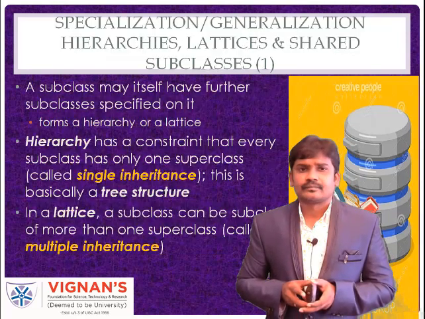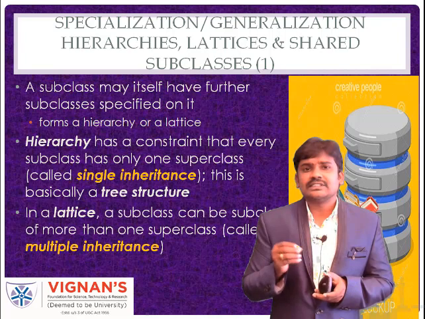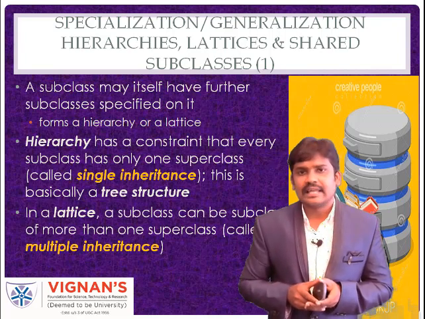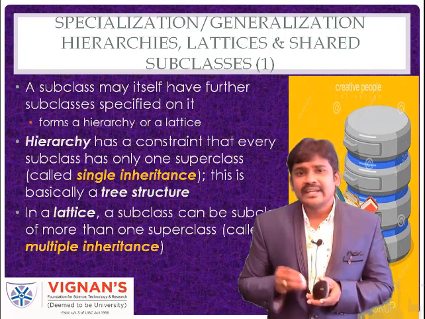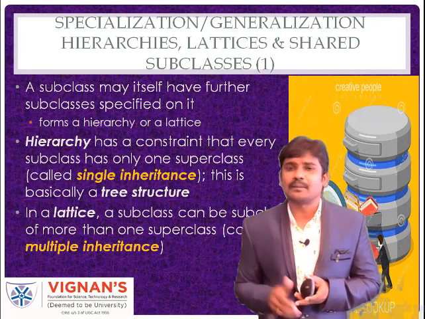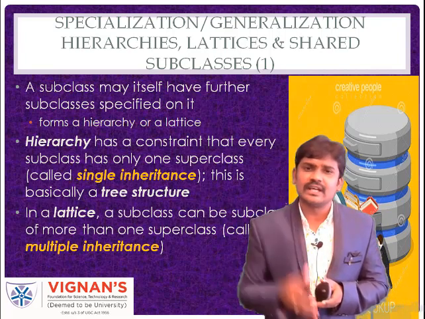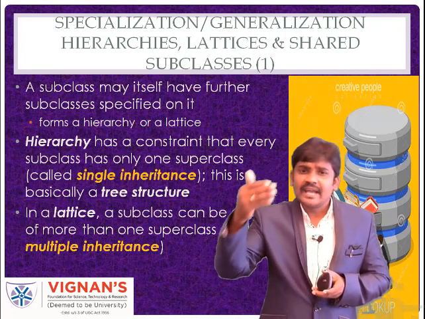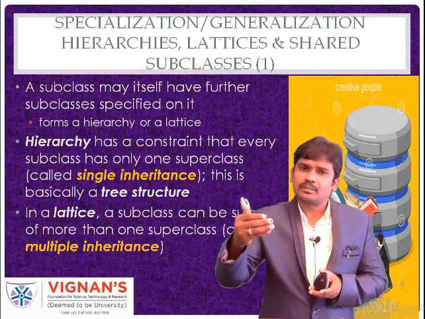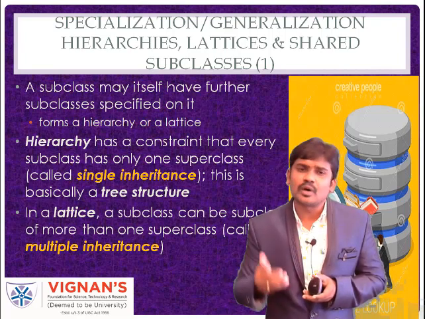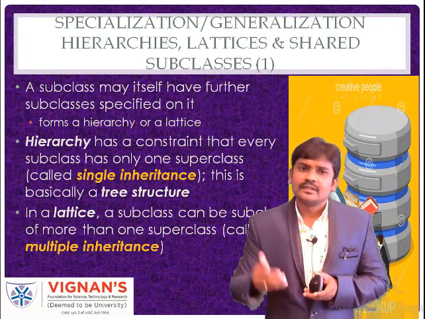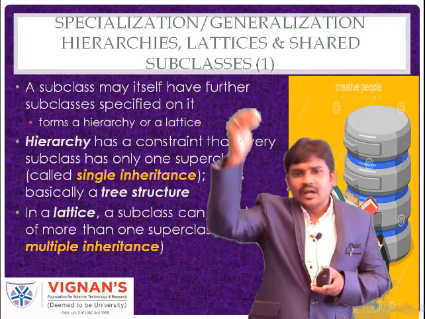Next, specialization and generalization hierarchies, lattices, and shared subclass. A subclass may itself have further subclasses. Before, we saw that manager is a subclass maintaining a relationship with the project. So project is a subclass too. Here the main superclass was the employee.